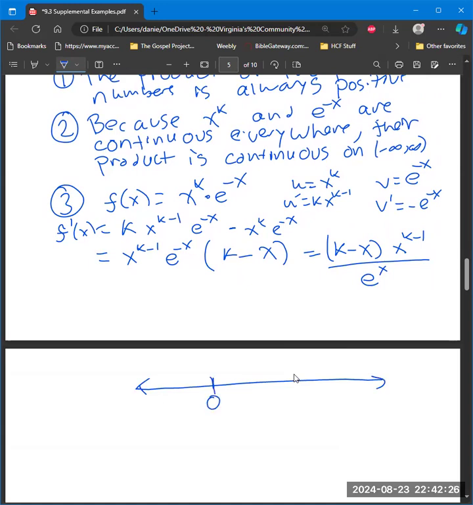And I'll also put x equals k as a critical number here. No critical numbers for the denominator there.